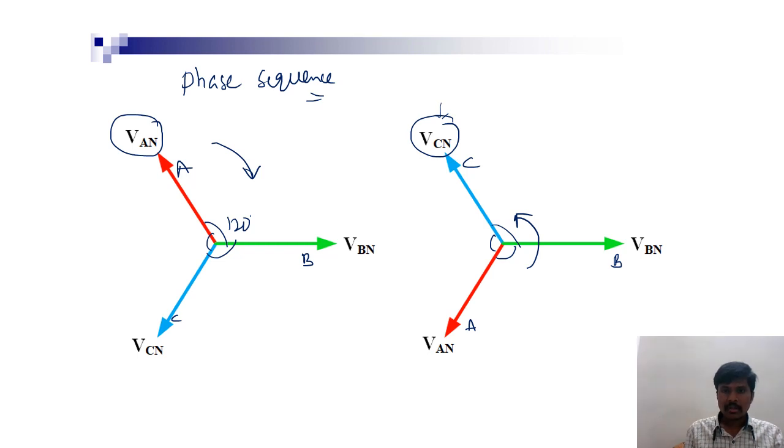Also the magnitude is the same in all three phases. You need to remember, you need to draw every phasor with the same length. So this is a representation of phase sequence.